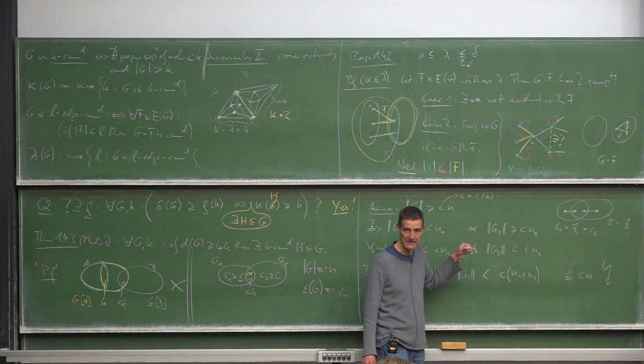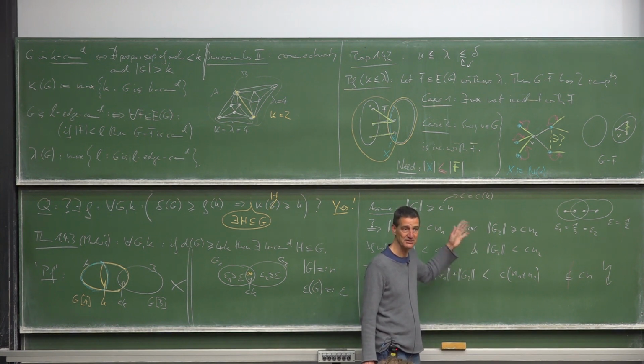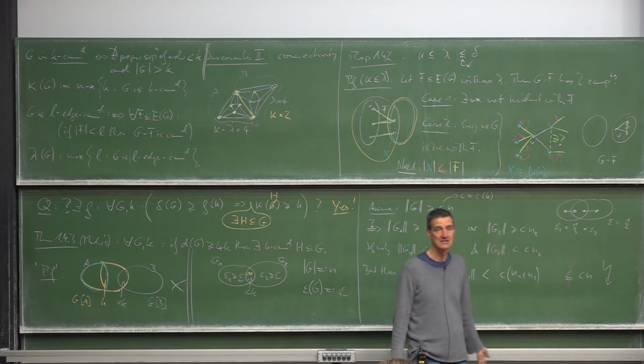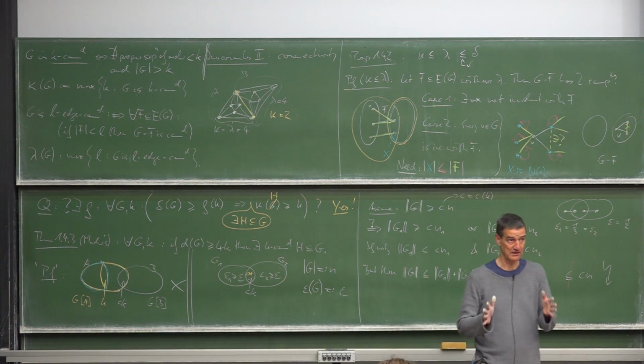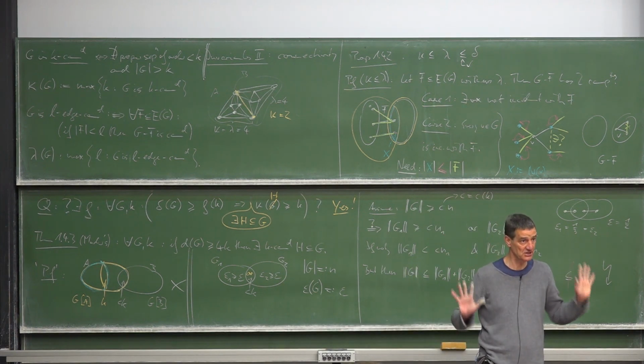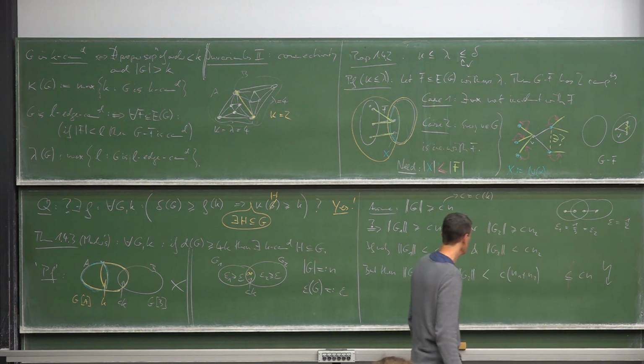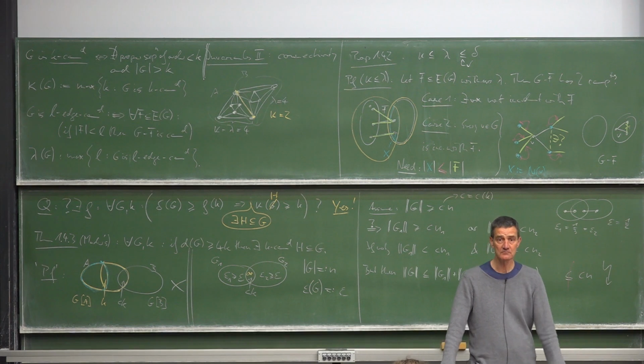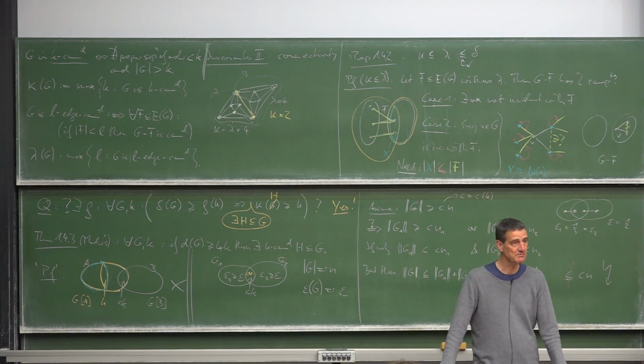But wait a minute. We never used that C is the constant 4. We did this for arbitrary C. C is just a function of K, so it has nothing to do with our G. So that's not going to help us at all. So we seem pretty stuck.